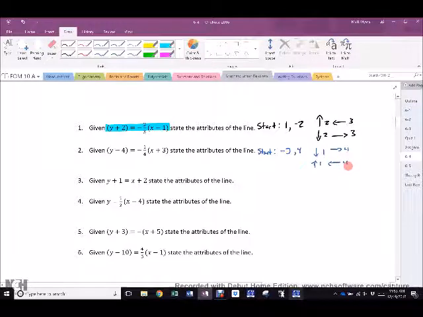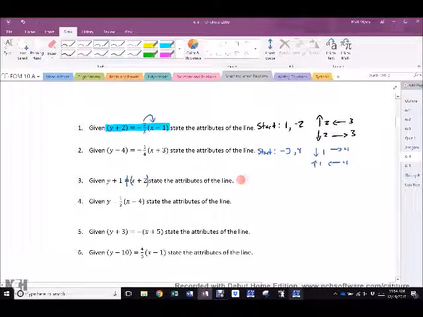Excellent. What's different in number 3? But there is a slope, isn't there? Because the slope is the m, right? And what does that m do right there? Multiplies, right? So if I put brackets there, what would be the number right in front? 1. So what's the slope? 1.